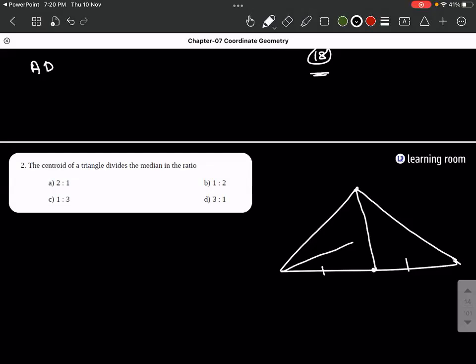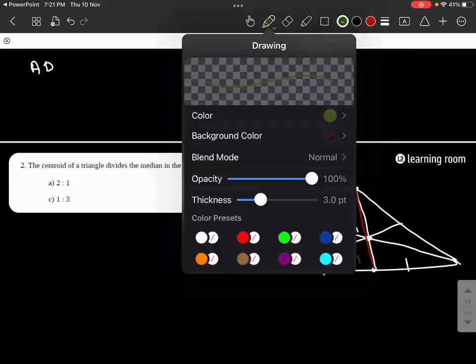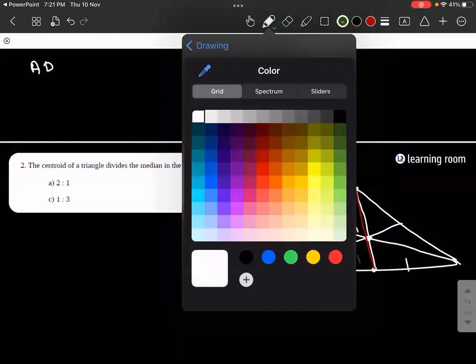So the point of intersection of medians is called the centroid. It's represented by the symbol G, and a centroid divides a median in the ratio 2:1. Please make a note of it.